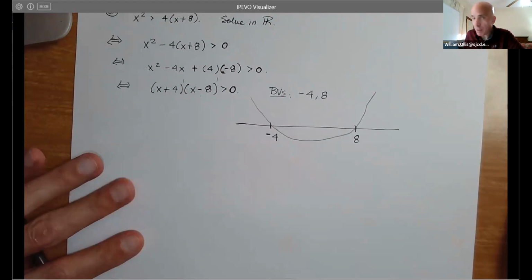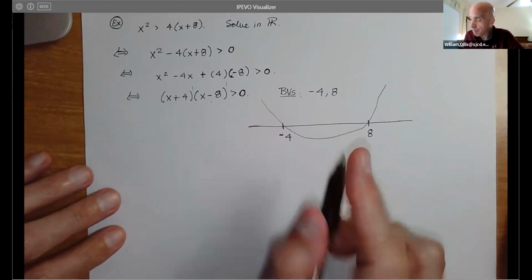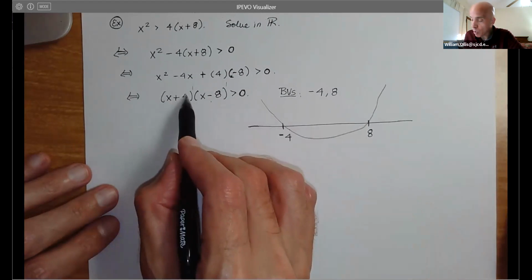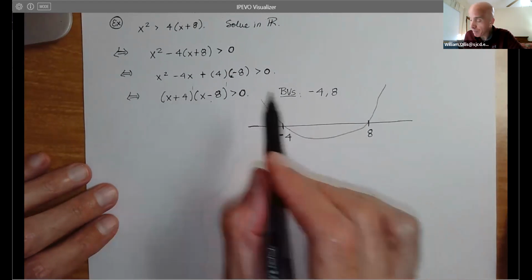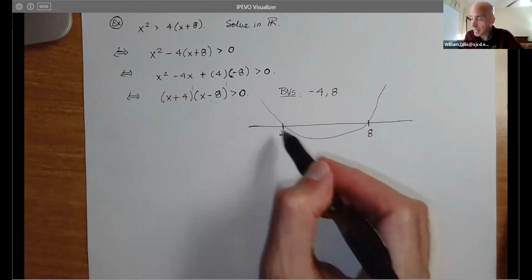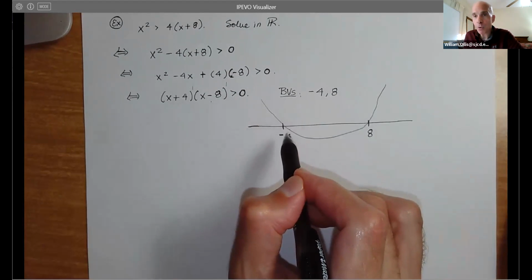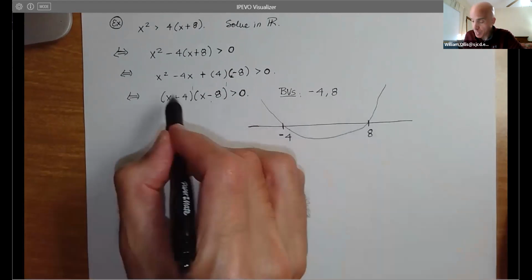And I'll say more about that later. So that's kind of a quick way to say, because this zero is multiplicity 1 and this zero is multiplicity 1, the graph has to cross at those zeros. So this is indeed a transition point. -4 is a transition number for sign for this expression.